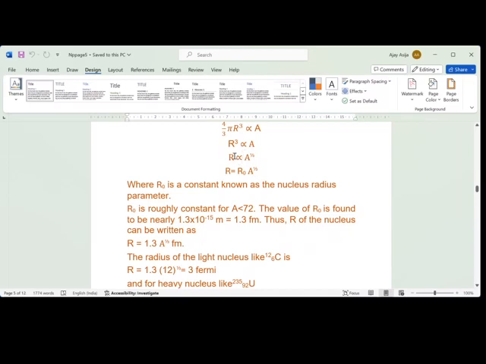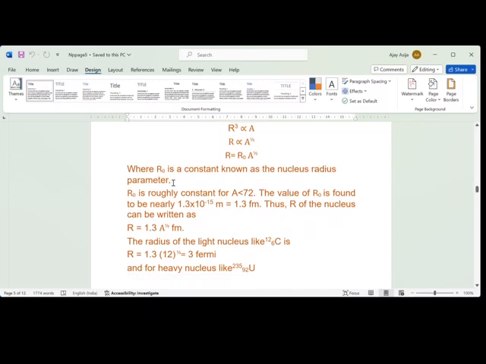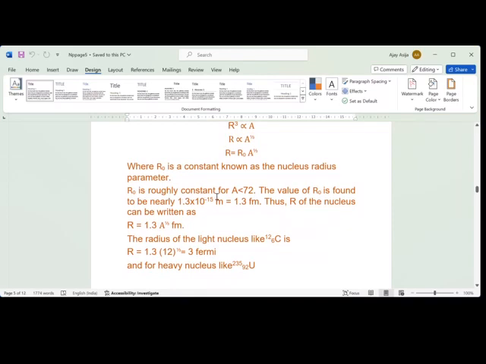Here, in place of the proportionality sign, we have put an equality sign and a proportionality constant R₀. R₀ is known as the nucleus radius parameter, and the value of this parameter is roughly constant for mass number less than 72.